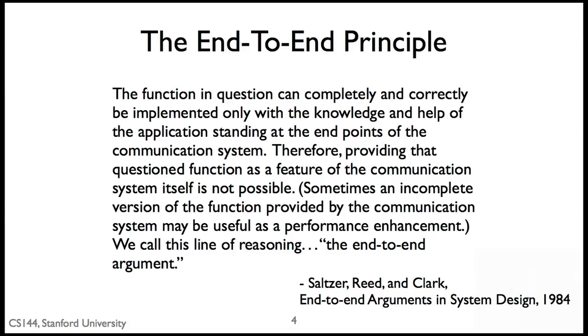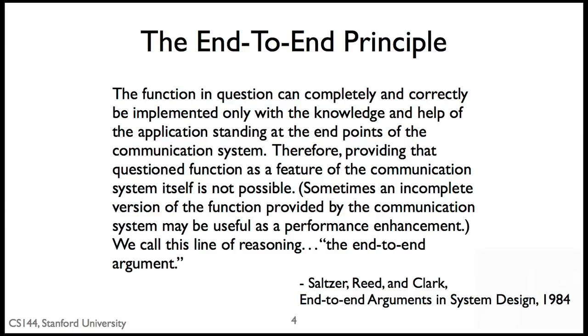This is the end-to-end principle. The function in question can be completely and correctly implemented only with the knowledge and help of the application standing at the endpoints of the communication system. And so the idea is that if I have some piece of application logic or some application function, while the network can possibly help, ultimately the endpoints of that communication have to be responsible for making sure it works correctly.